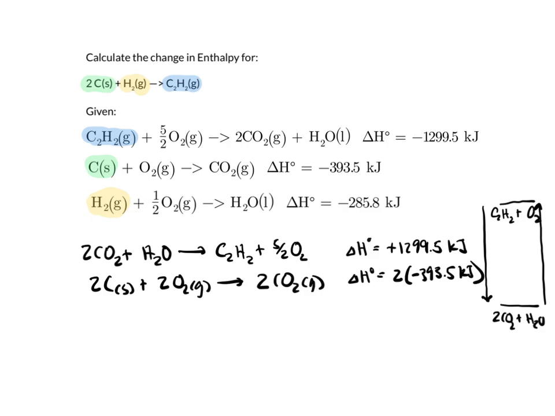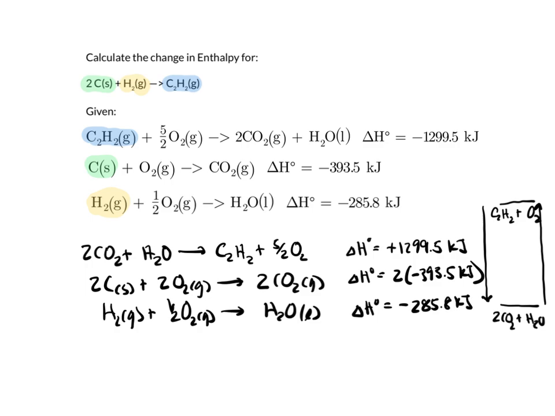And then finally, if I do that last step, hydrogen gas plus 1/2 an oxygen gas goes to water as a liquid, I get exactly the amount of energy that is reported in the problem, because I've just done that reaction exactly as reported. So now let's see what happens if I add all of these reactions together and see if I get the overall reaction that I'm interested in.